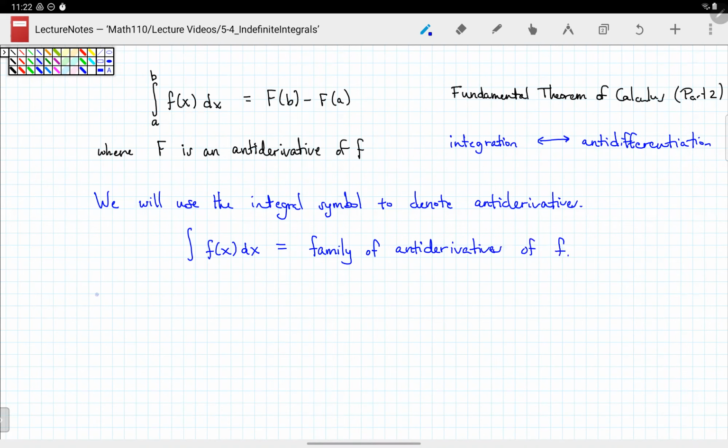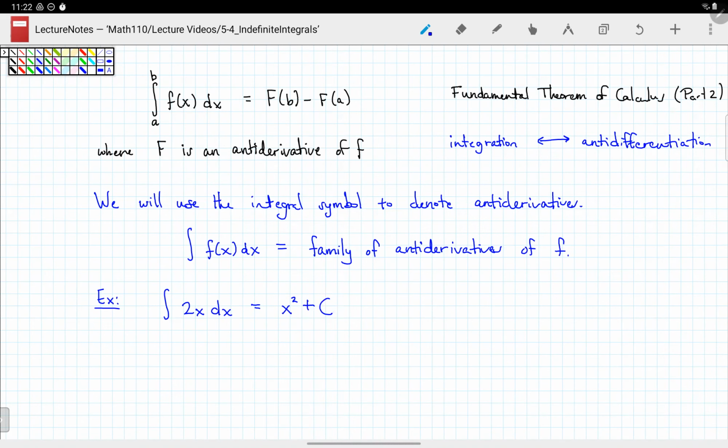So as an example, if I write the integral of 2x dx, then I know that 2x is the derivative of x squared. And it is, in fact, the derivative of x squared plus 3 and of x squared minus 7 and x squared plus any constant, because if I take the derivative of any constant, that goes to 0.